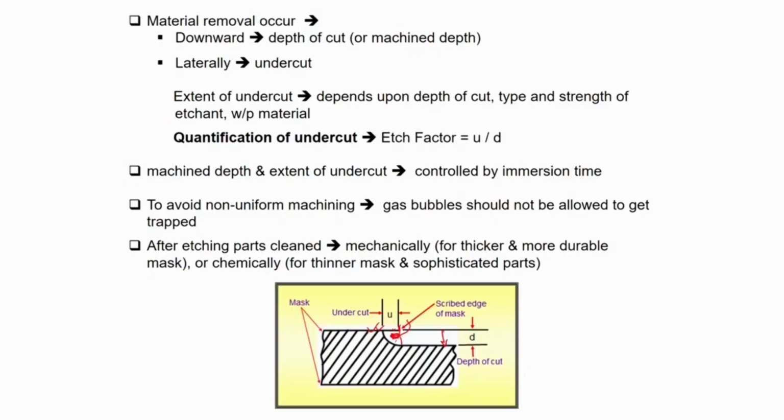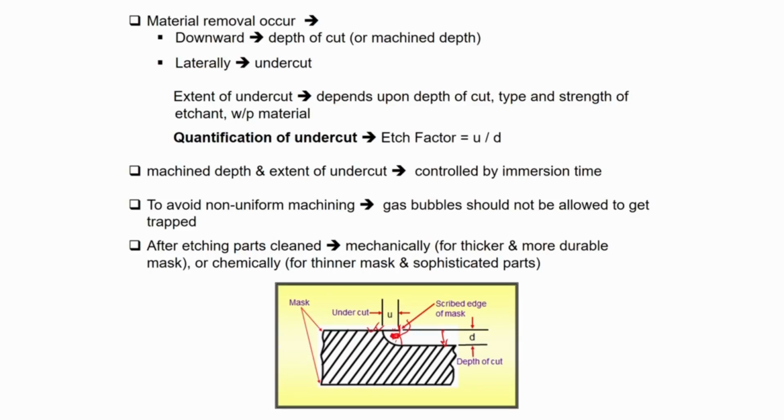To avoid non-uniform machining, gas bubbles should not be allowed to get trapped under the maskant. During chemical machining, as the reaction products are generated, gas bubbles are also generated by the chemical reaction.